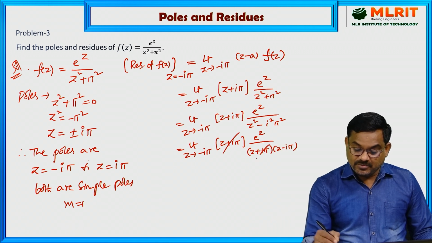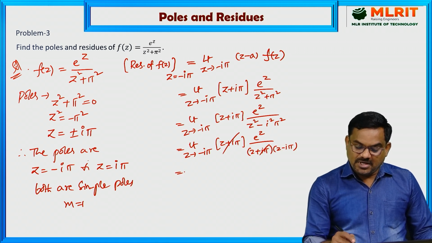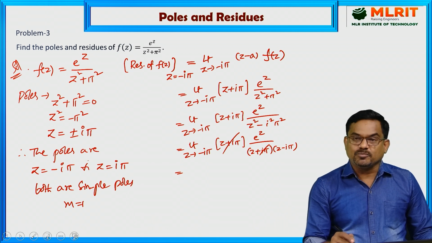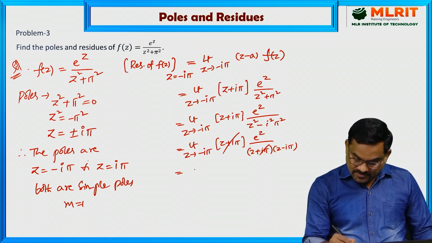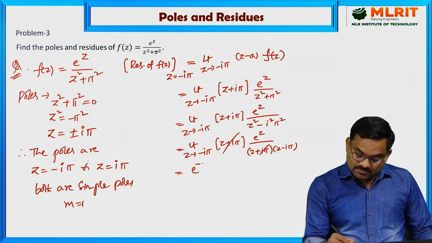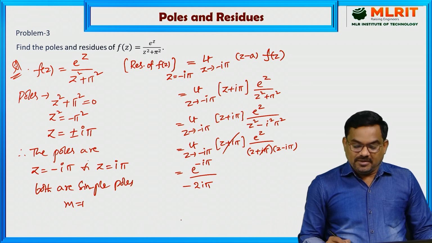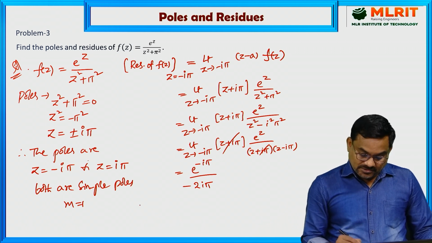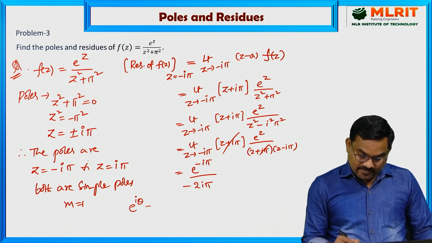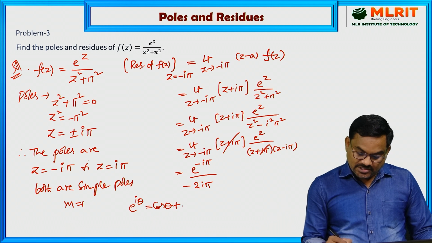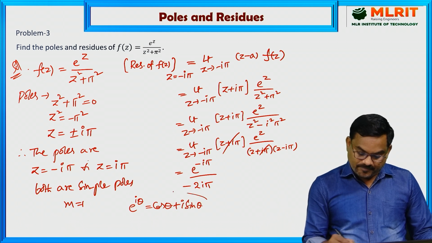So these two cancel. Now apply the limit as z tends to minus i pi. So e power minus i pi by minus 2i pi, and we have e power i theta is cos theta plus i sin theta.